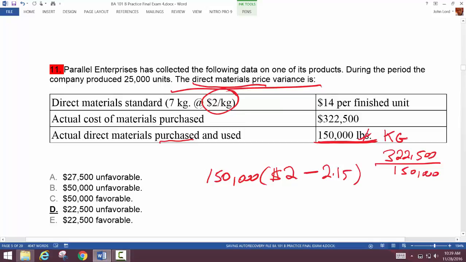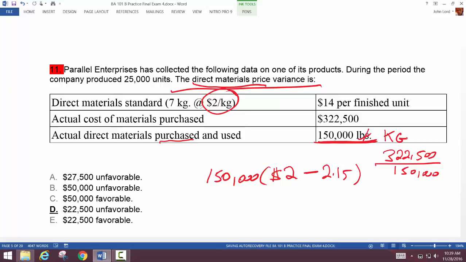That should be kilograms. It's a typo. I'm not going to make you turn kilograms into pounds or vice versa, so don't worry about that. But that's a good observation that the units of measure have to be the same. We could do this with one unit in pounds, but we'd have to know how to turn kilograms into pounds or something, and we're not going to do that. So yeah, that's a typo.